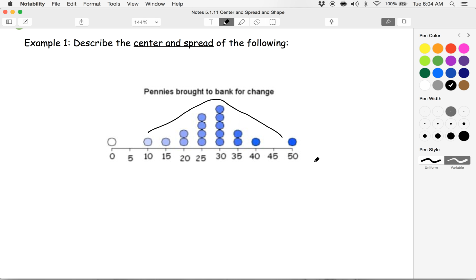So since my data is pretty even, this means this is symmetric. And it's asking me to find the center and the spread. So for the center, if it's symmetric, we use mean. And for the spread, we're still going to find the range.